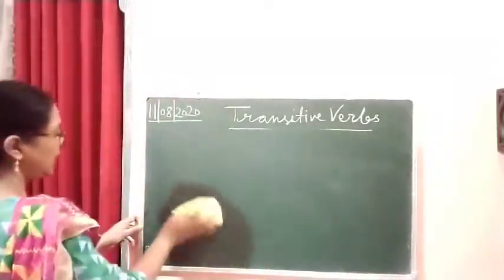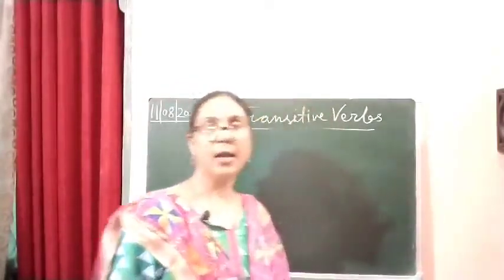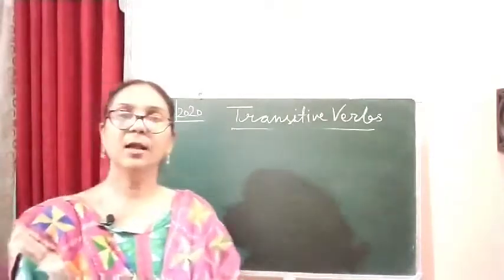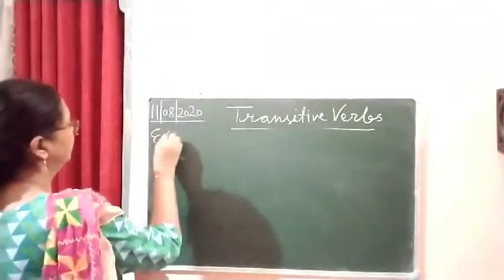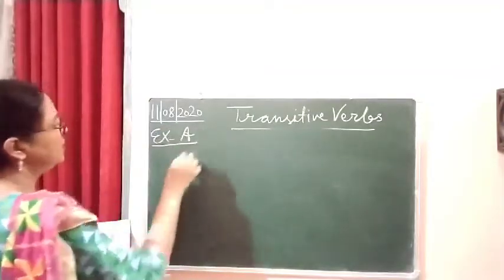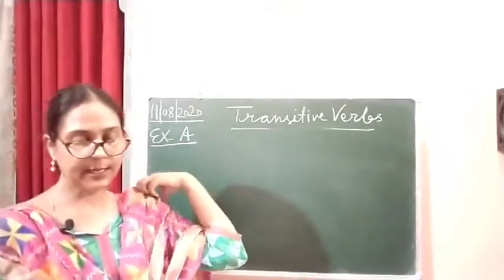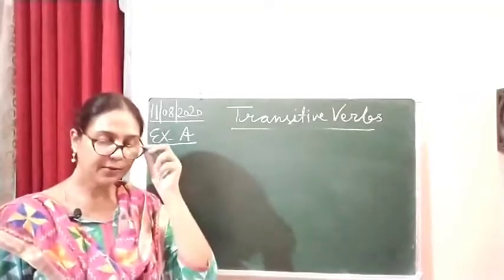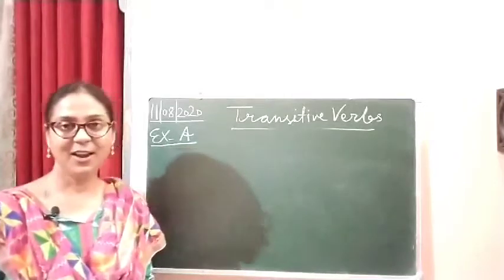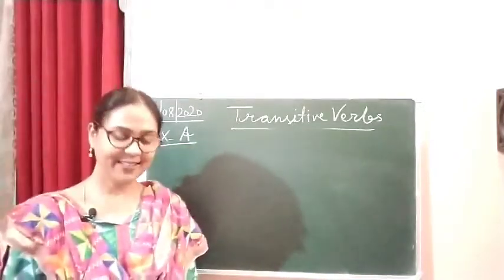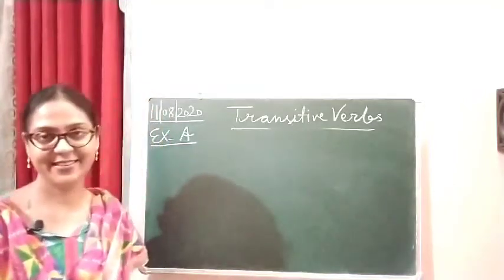That is also given in your book, page number 49, exercise number A. Read the following sentences, underline the transitive verb and circle the direct and indirect object. Here you have to circle the direct and indirect object as we have discussed.